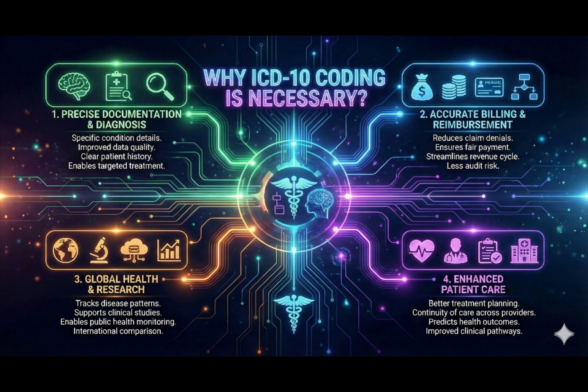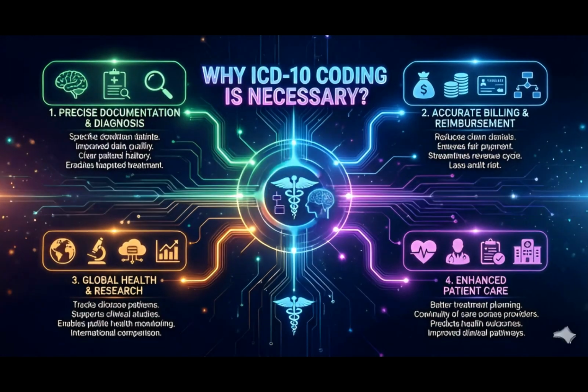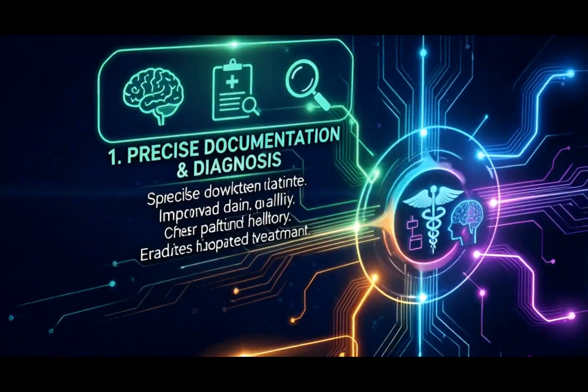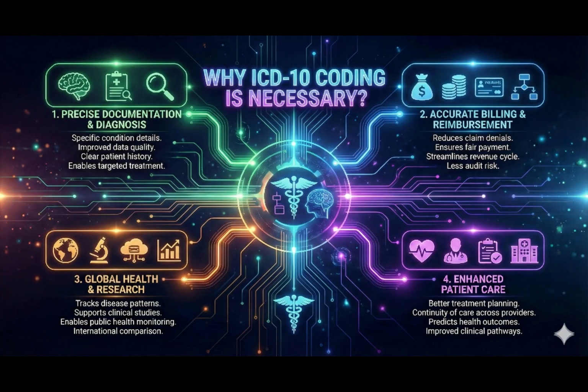Why ICD-10 coding is necessary. Before we learn hypertension, diabetes, and Z codes, it's important to understand why ICD-10 coding matters so much in healthcare. First, ICD-10 ensures precise documentation and accurate diagnosis. It captures specific clinical details, improves data quality, and creates a clear patient history.